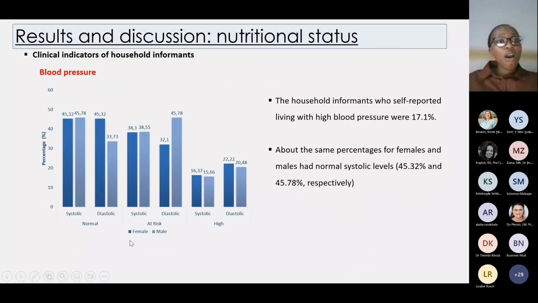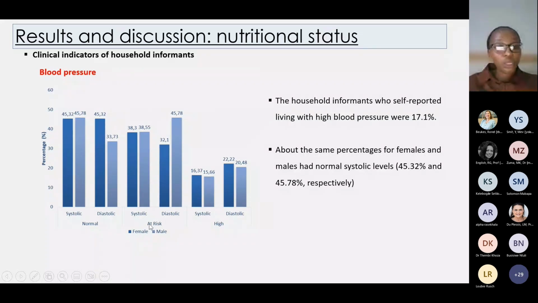And the last one on the indicators is the clinical indicators of the household informants, wherein we looked at blood pressure. The graph here tells us that on the normal side, females and males had about the same percentages when we are talking about the systolic levels.